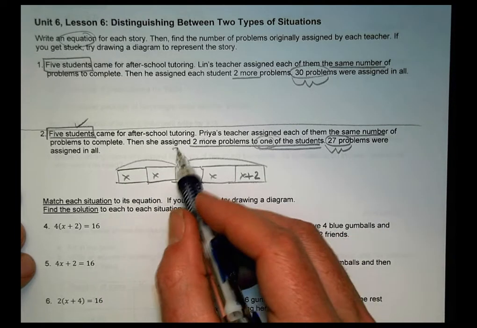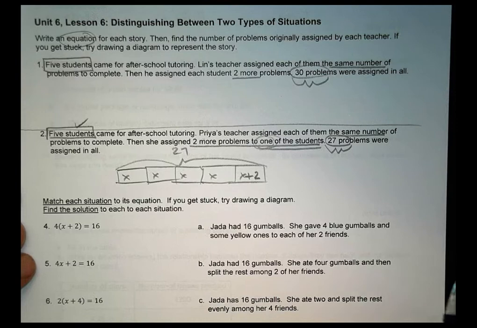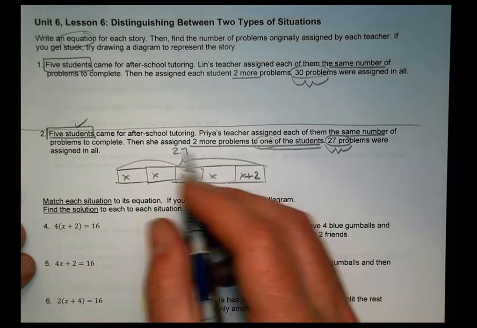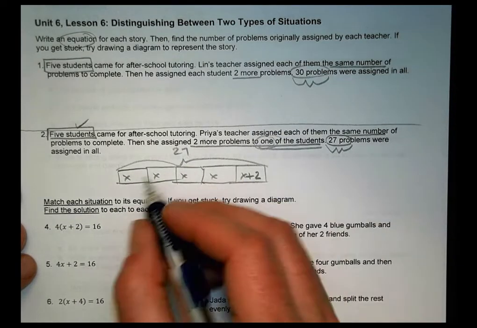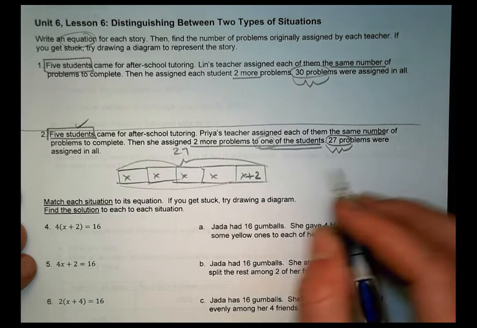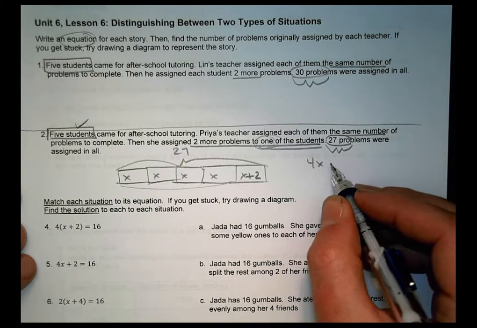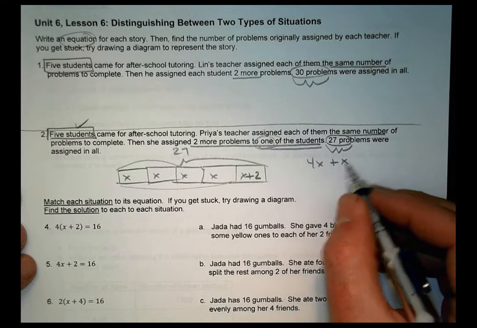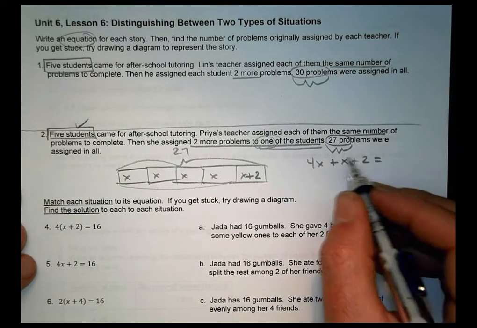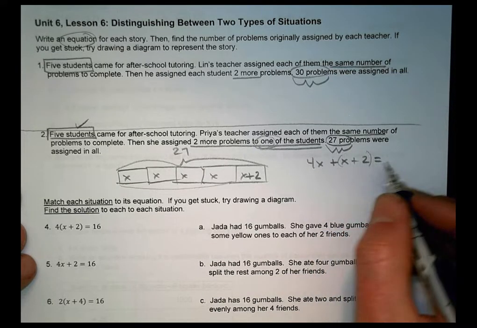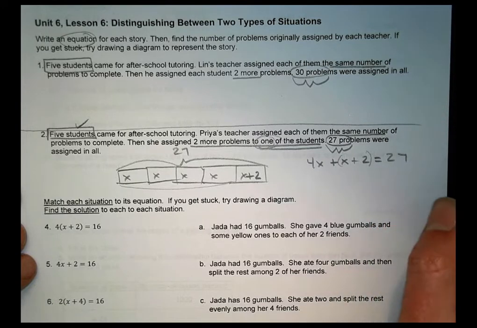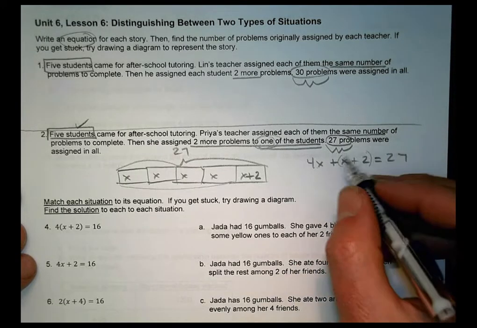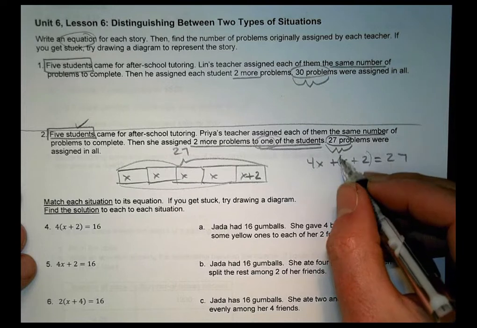Altogether, there were 27. So when I take this tape diagram and make an equation, I have 4 groups of x, or 4x, plus x plus 2, and I could put that in parentheses if I chose to, equals 27. Now these both have x's. What's in front of this x? There's actually a 1 there.